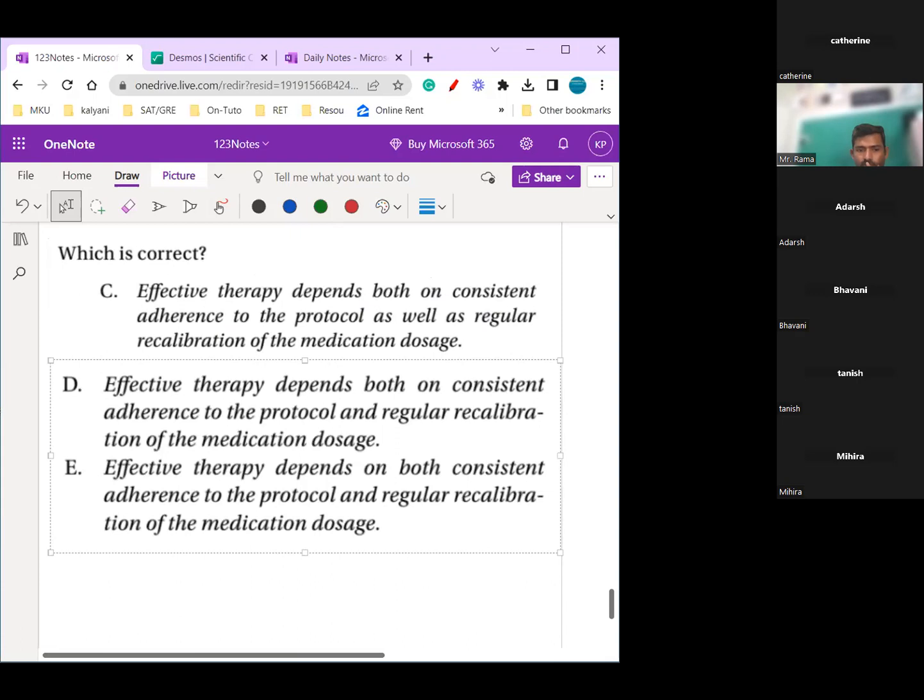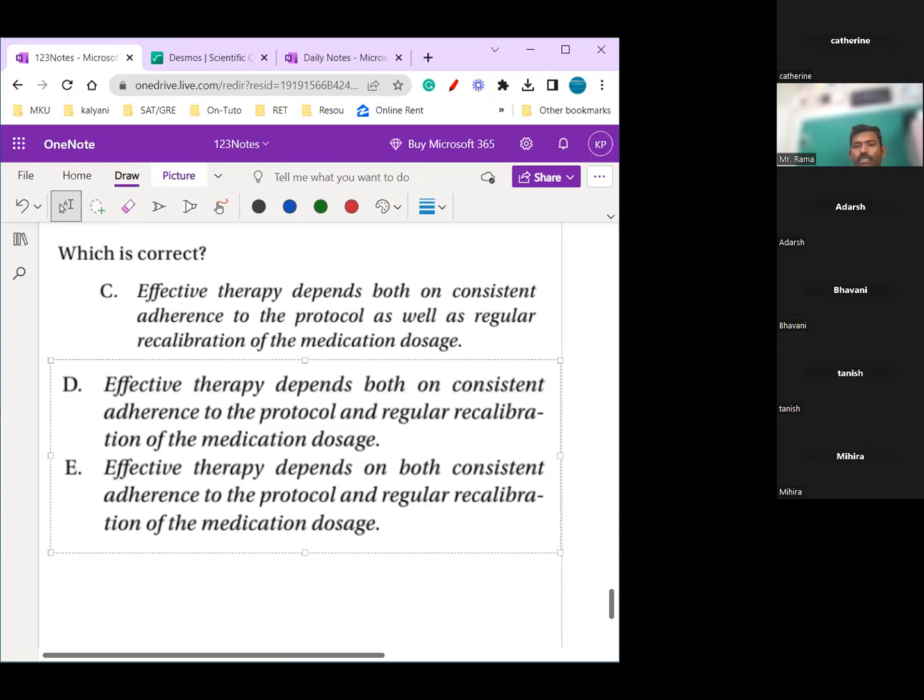D. Effective therapy depends on both on consistent adherence to the protocol and regular recalibration of the medication dosage. E. Effective therapy depends on both consistent adherence to the protocol and regular recalibration of the medication dosage.